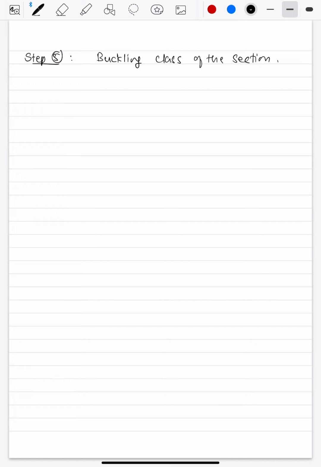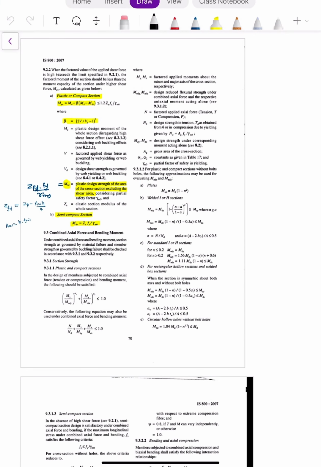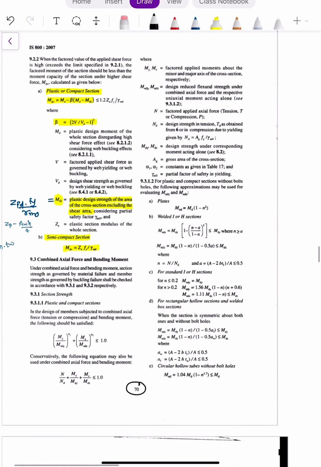Okay, and then your step 6. What is your step 6? Step 6 is to find the design axial load, which we call Nd. For this equation, if you go to your IS code, page number 70, you can find the equation of Nd written somewhere here.